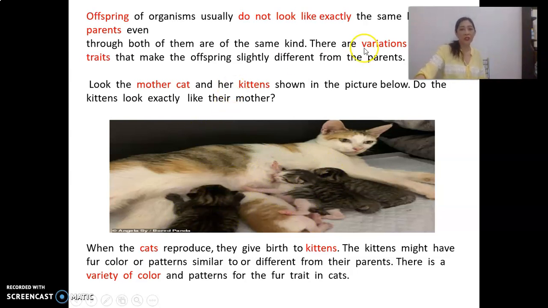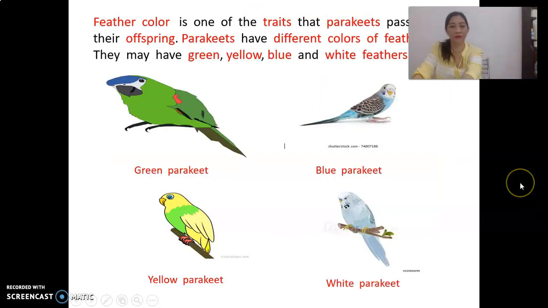So they have variation in the color of their fur. They are different from their parents, so they are not totally the same as their parents.